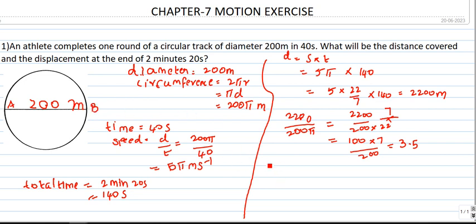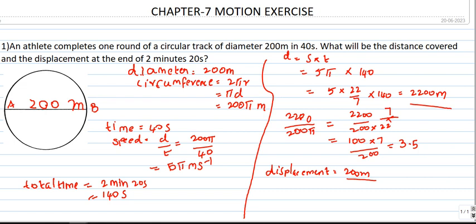So now the displacement of the athlete will be the diameter of the circle, which is 200 meters. So the distance he has covered is 2200 meters and his displacement is 200 meters.